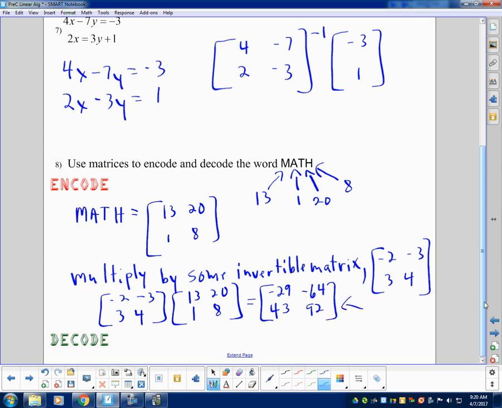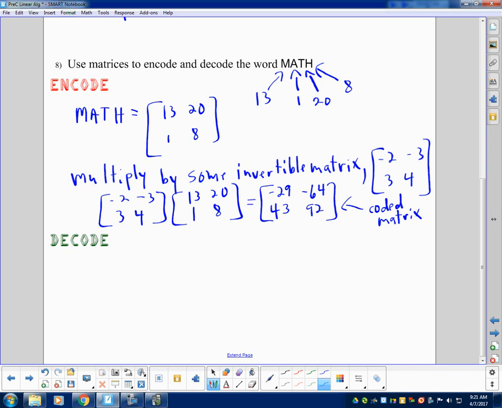So I've encoded it. I took this special message I'm going to send to you, math, and multiplied it by some invertible matrix and created a new matrix. This is the coded matrix. It goes to somebody else who knows what my decoder is. Then, we find the inverse of the coding matrix.